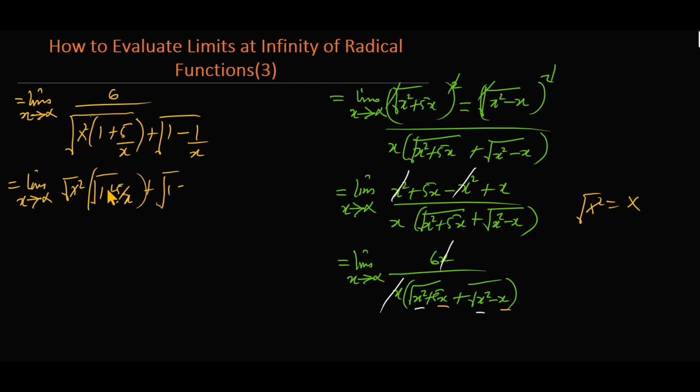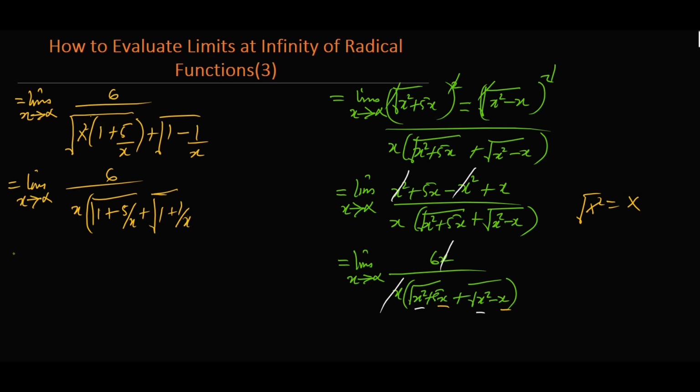We will see we have the limit as x approaches infinity of 6 all over, since root x squared is x, we have x in 1 plus 5 over x plus root 1 plus 1 over x.